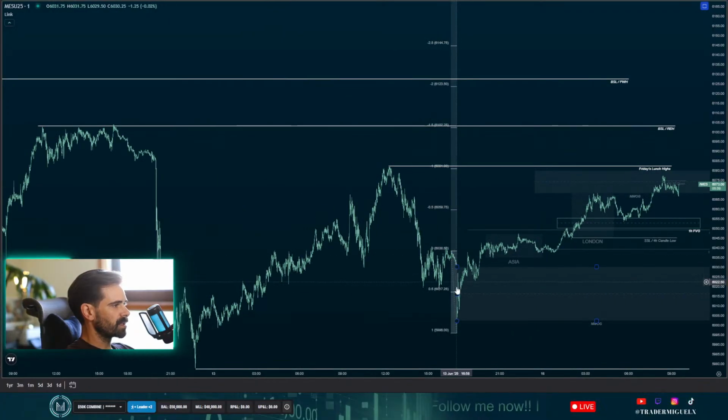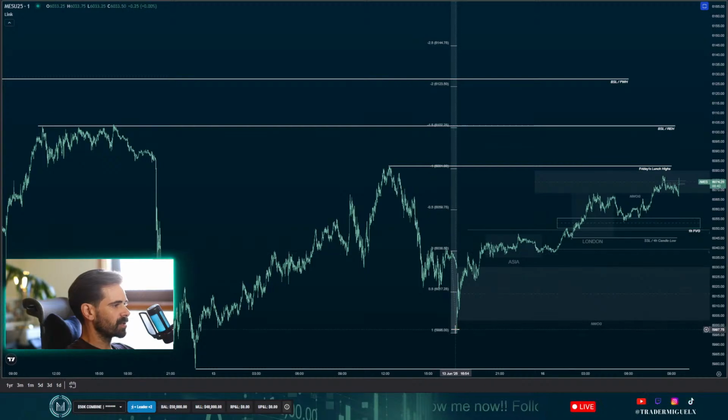If you look into this open, it can eventually act as a manipulation to the downside, since we have some kind of a consolidation right here on the late stages of Friday's price action.